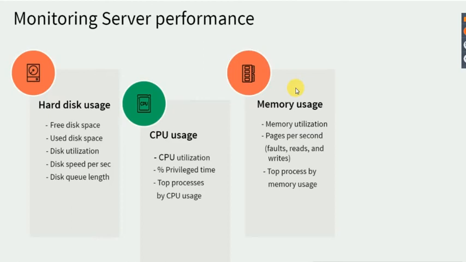And also you need to monitor the memory utilization, pages per second for faults, reads, and writes, and the top processes by memory usage. Let me quickly jump to the product and show you from the page.